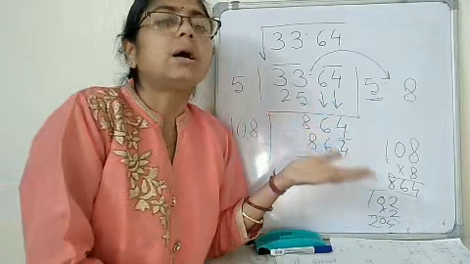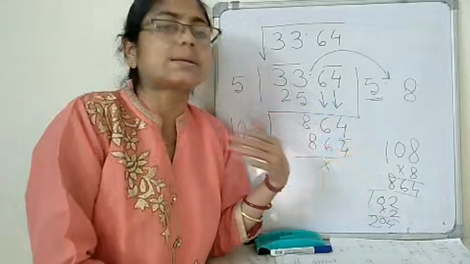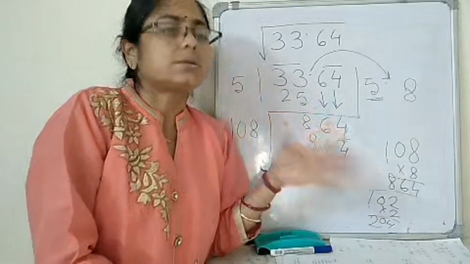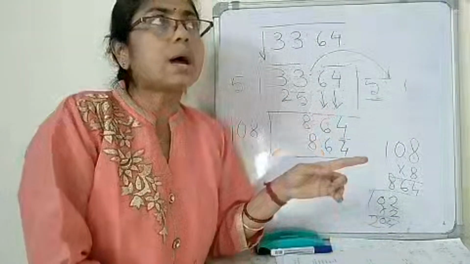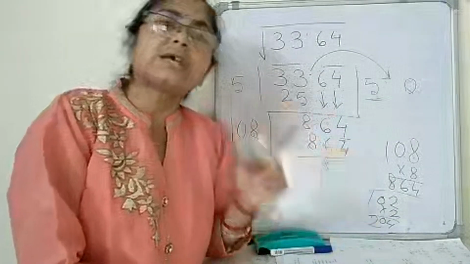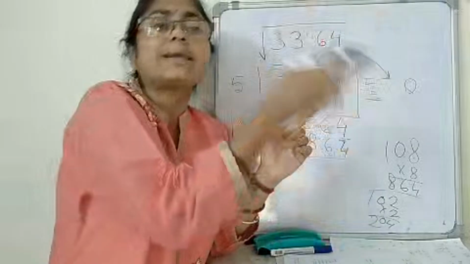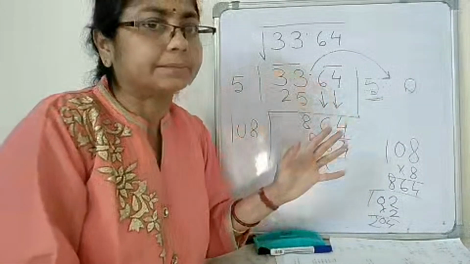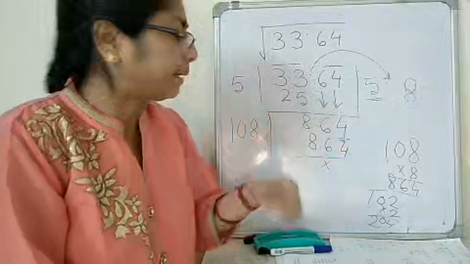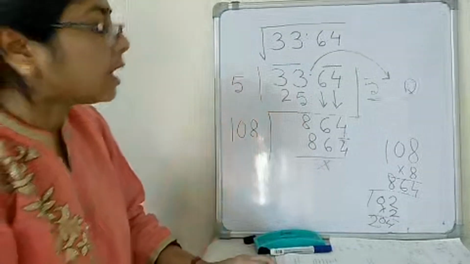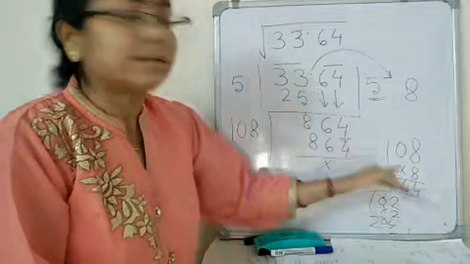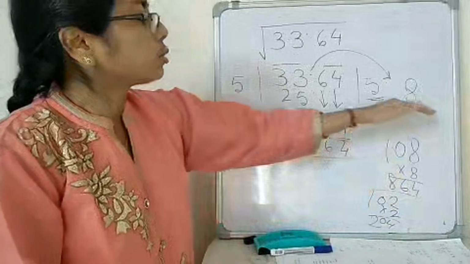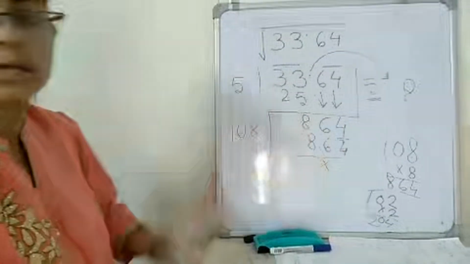Next, check: 3 square 9, 4 square 16, 5 square 25, 6 square 36, 7 square 49, 8 square 64. The unit digit is 4, so my number is also 4, maybe. It's not confirmed, it's maybe. So I write 108 and multiply it by 8. This is 864. So I write 8 here and write 64. Okay.